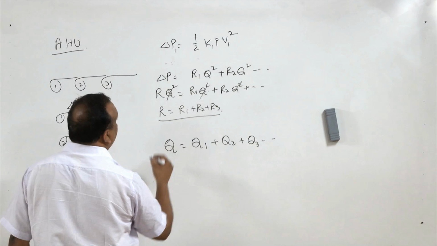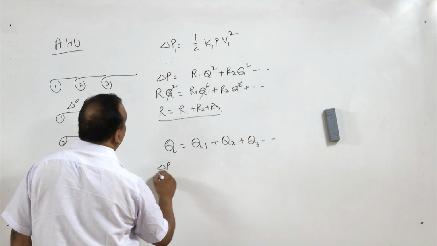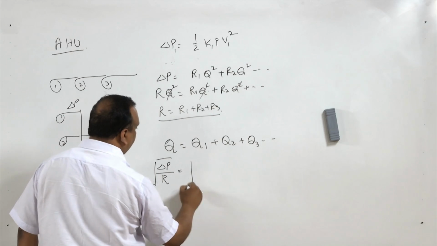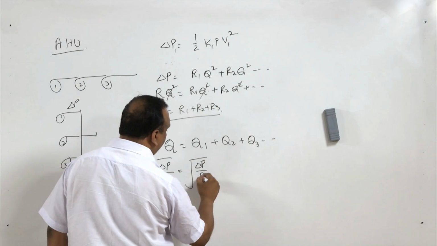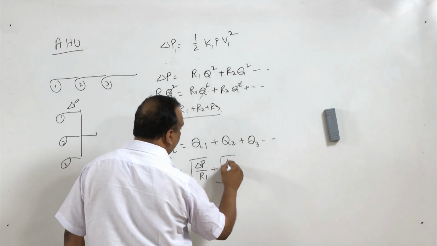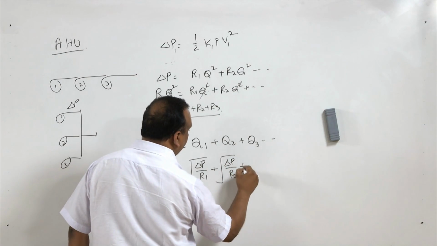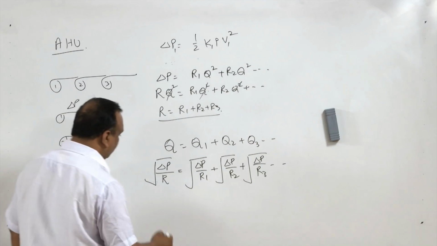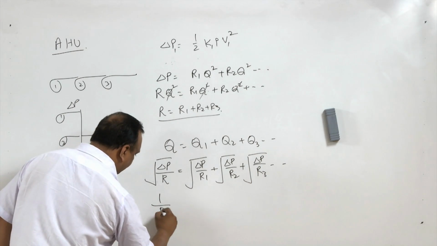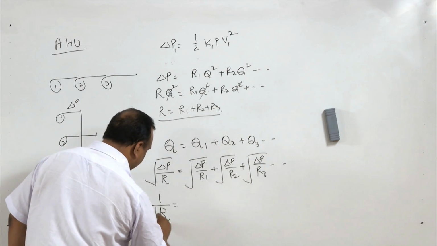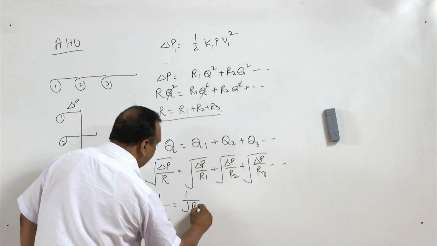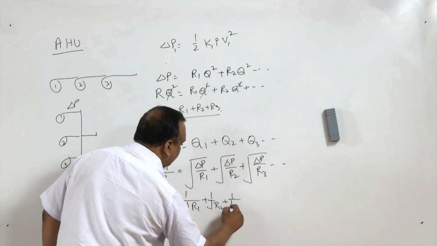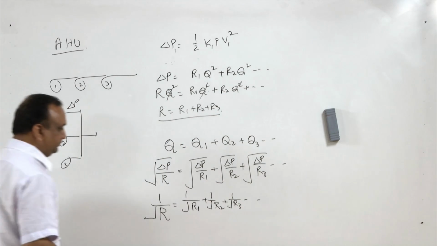Now Q, we know, is under root delta P upon R, so Q equals under root delta P upon R1 plus under root delta P upon R2 plus under root delta P upon R3 and so on. So if they are connected in parallel, then the equivalent resistance will be 1 by under root R1 plus 1 by under root R2 plus 1 by under root R3 and so on.